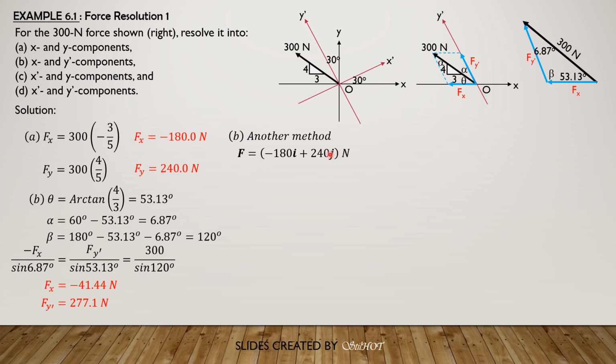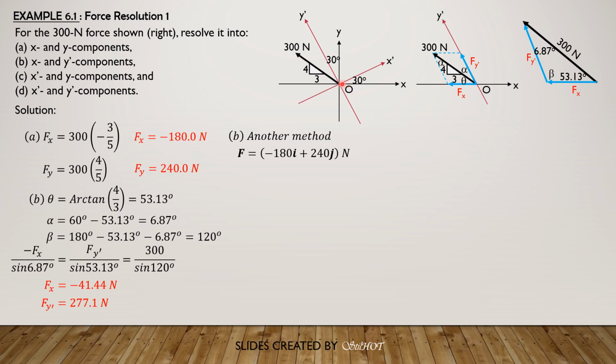So F is negative 180 plus 240 from part A here. Then we imagine that we have two forces, one along x and one along y prime axis.